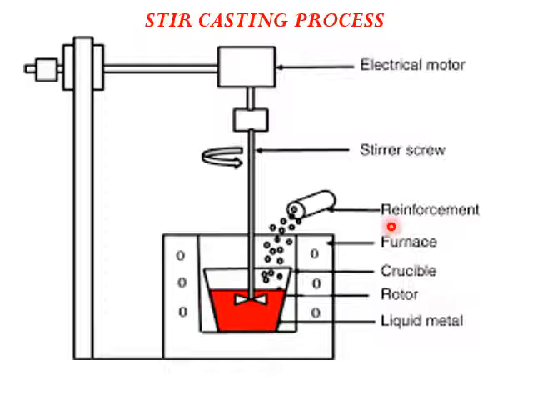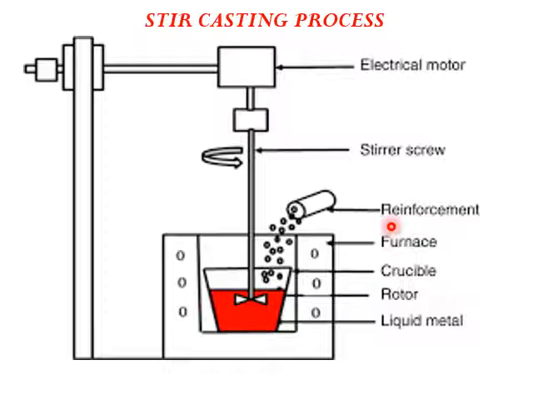If not, they may get oxidized. Once the reinforcement is poured into the molten metal or alloy, the molten matrix material is continuously stirred, and a force is applied during the stirring to have a proper, uniform dispersion of the reinforcement in the matrix material in a short period.